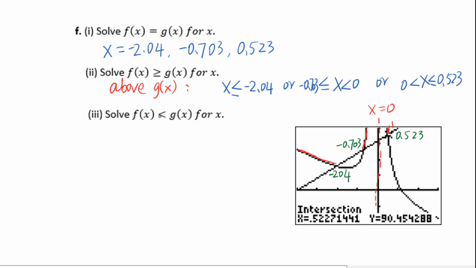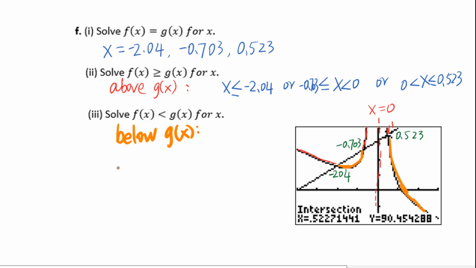Solve f of x less than g of x. The graph below g of x will be the solution, which means from here to here, and this.